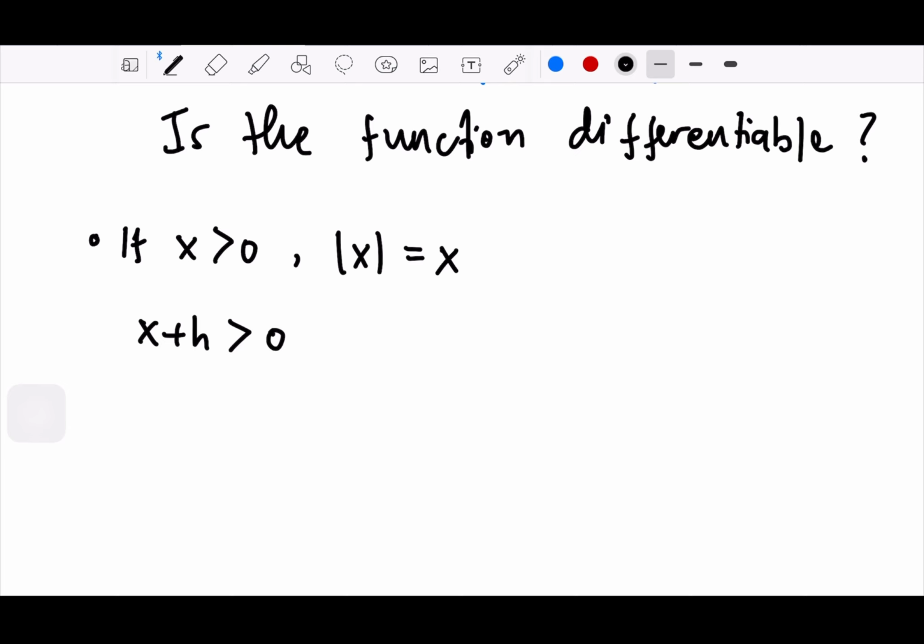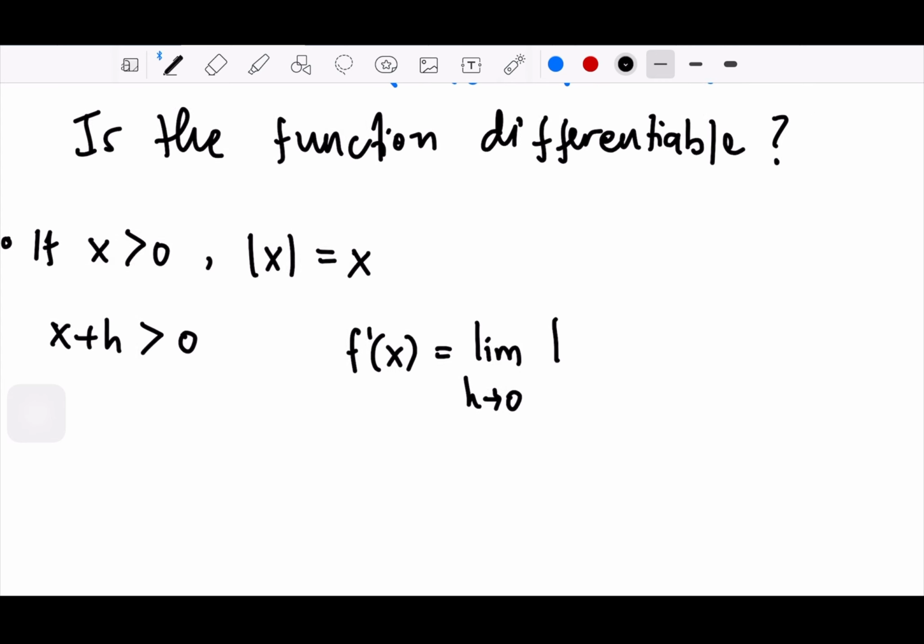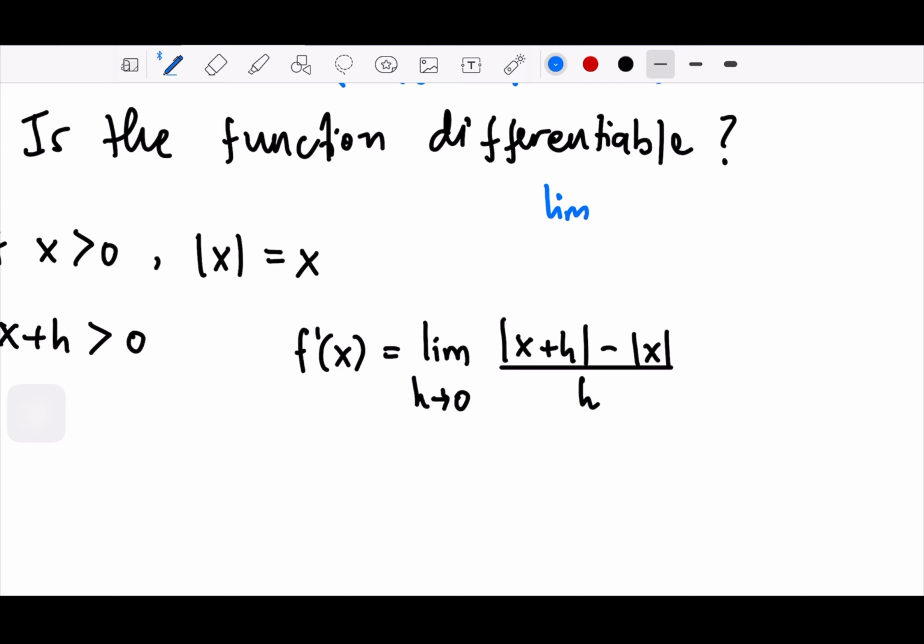Now, by our definitions from the last part of our lectures, f prime is the limit as h approaches 0 of x plus h, this is the function, minus x, over h. This is using the basis from the limit.